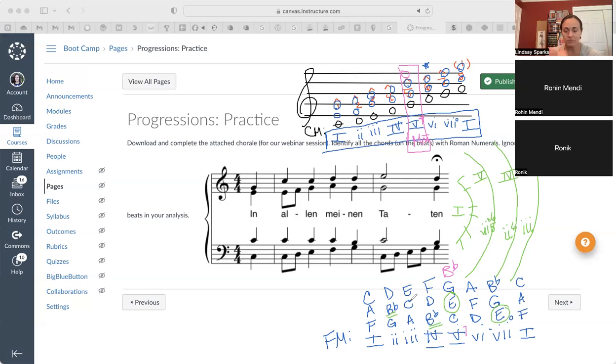The 6 gets used fairly frequently as a passing chord. And then another really common passing chord is a 1-6. Notice the 1-6 and the 3 have the same bass note.